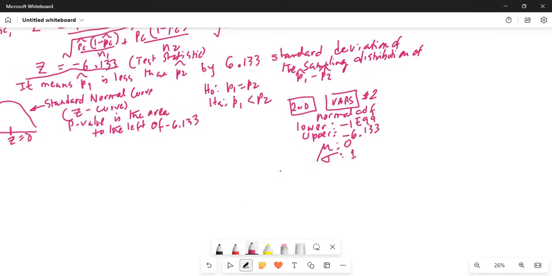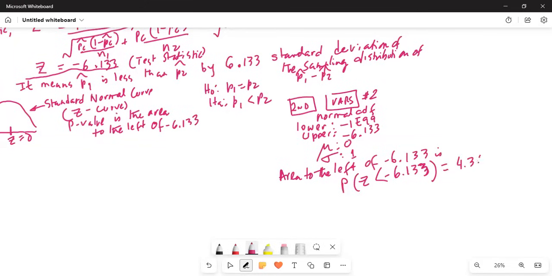So the area to the left of minus 6.133, the probability Z less than minus 6.133, is 4.36 E minus 10.